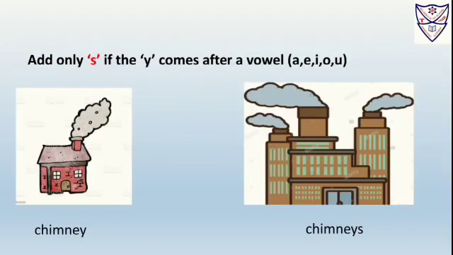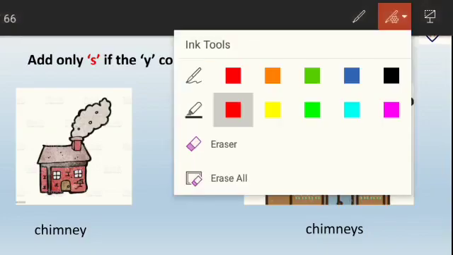Now we will add only S if the Y comes after a vowel. Suppose my last letter is Y and before Y I have a vowel. Vowel means A, E, I, O, U. So at that time I will use only S to make it plural.